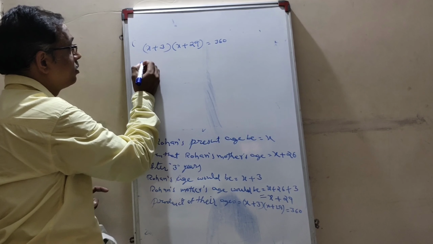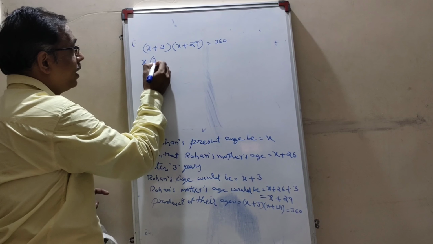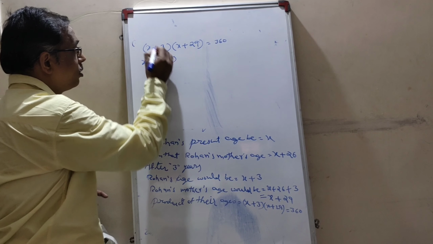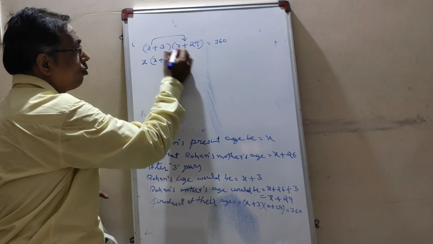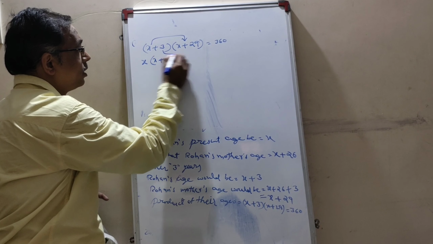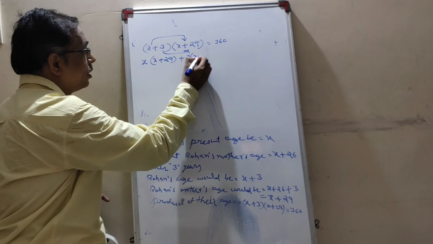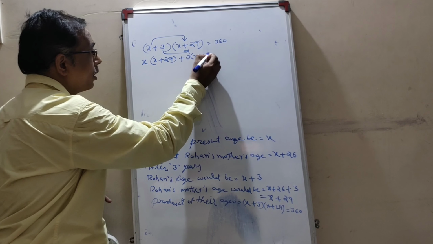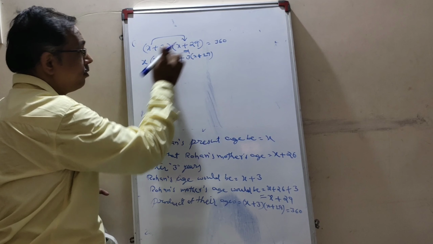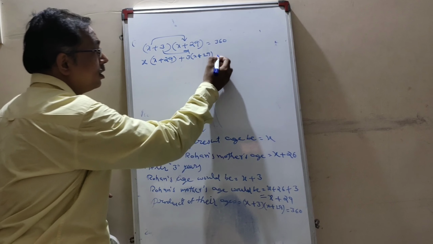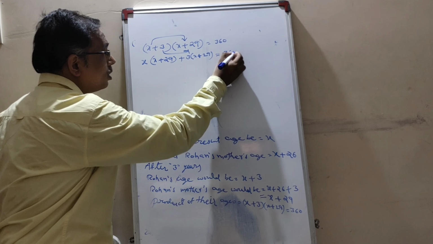While multiplying, first you multiply x with the full bracket, plus 3 with the full bracket, by application of the distributive property. If a plus b is multiplied by c, then we can write ac plus bc.